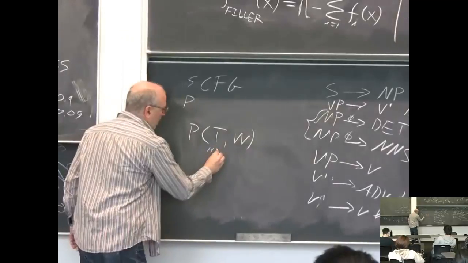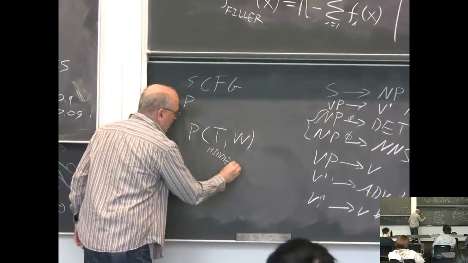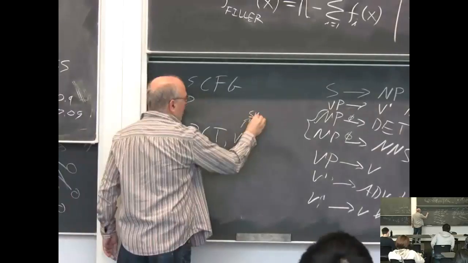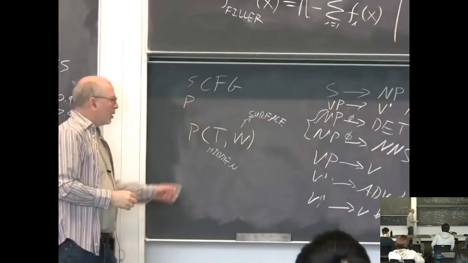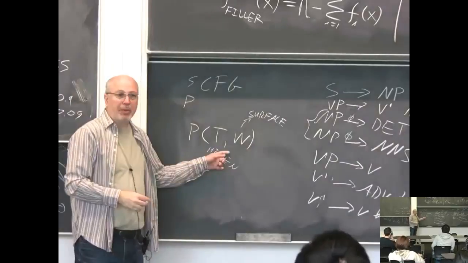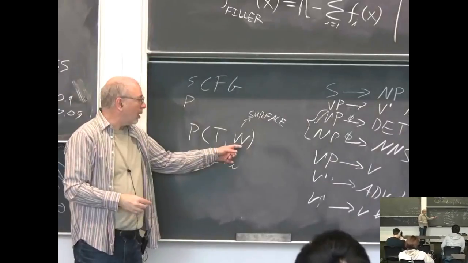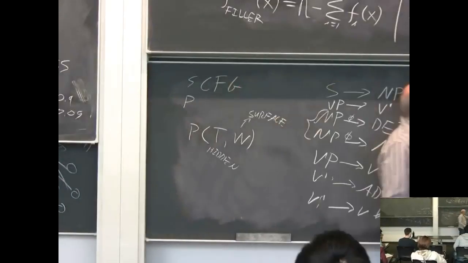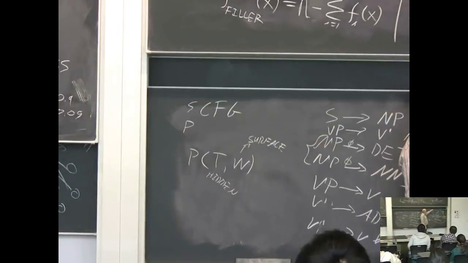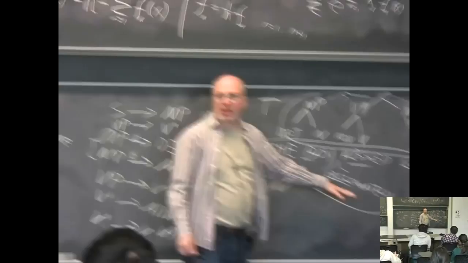This is hidden, and this is surface. In principle, given the surface part and the hidden part, it should be fairly easy to write the full probability of getting this, starting with the start symbol S.